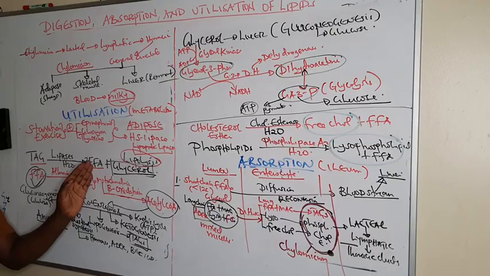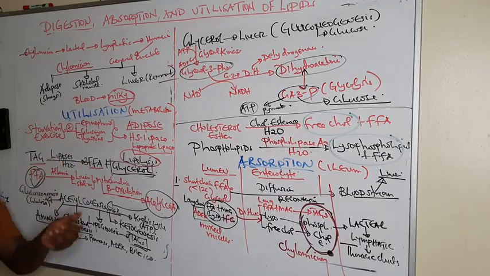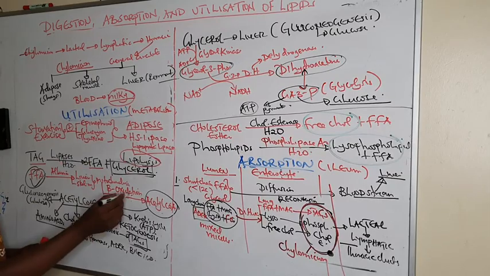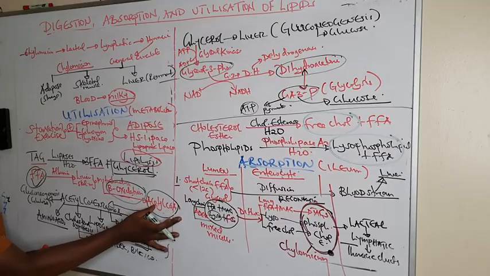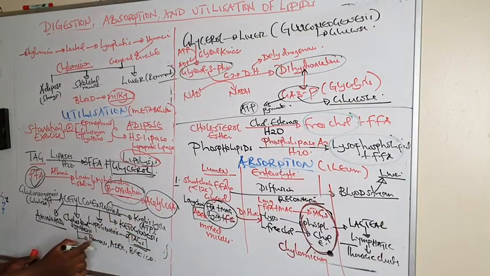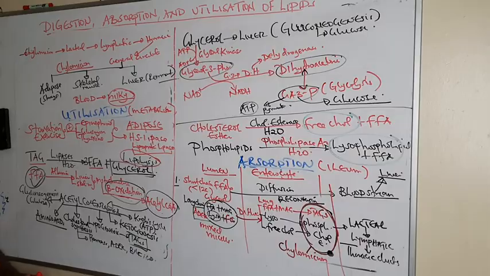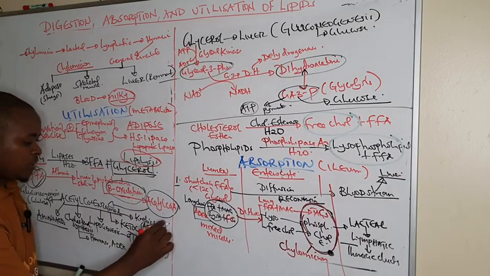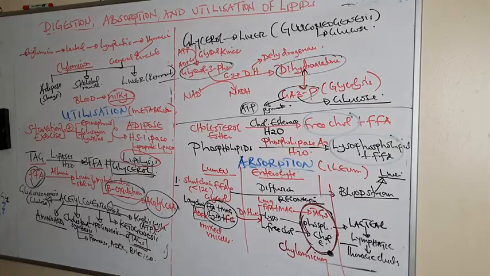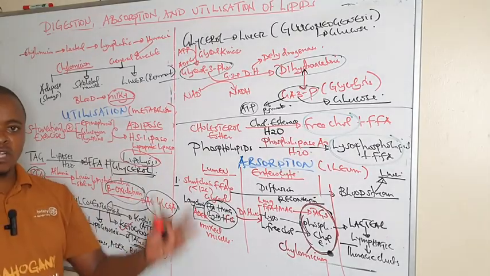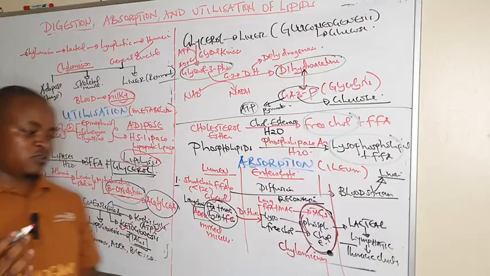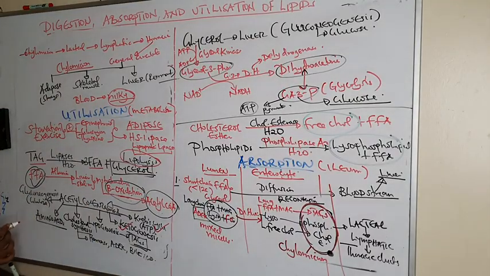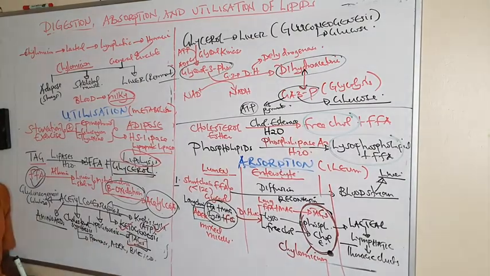Then the free fatty acid is taken to the liver and the skeletal muscles and undergoes beta oxidation. This beta oxidation produces acetyl coenzyme A, which is used to provide energy when there is need via Krebs cycle. It can undergo ketogenesis to form ketone bodies, which can undergo ketolysis to provide energy to the brain, which lacks mitochondria. And if there is no need of energy, it is converted back to TAGs and stored.